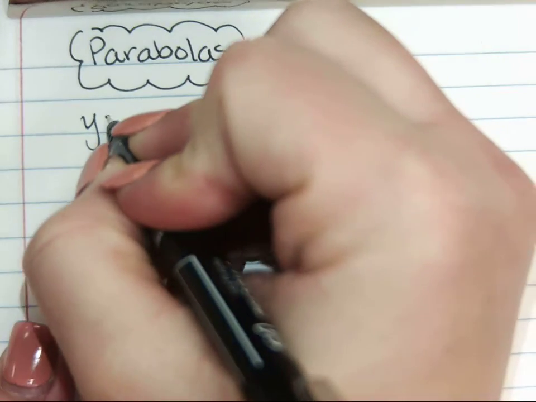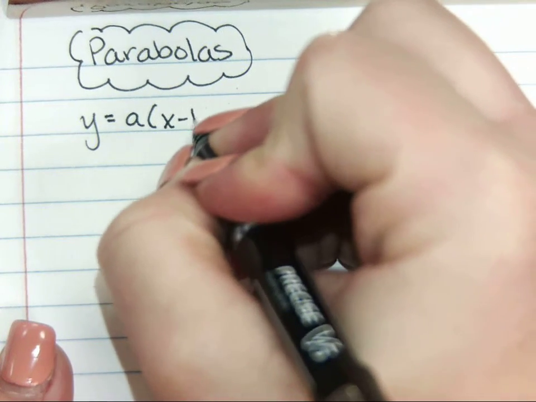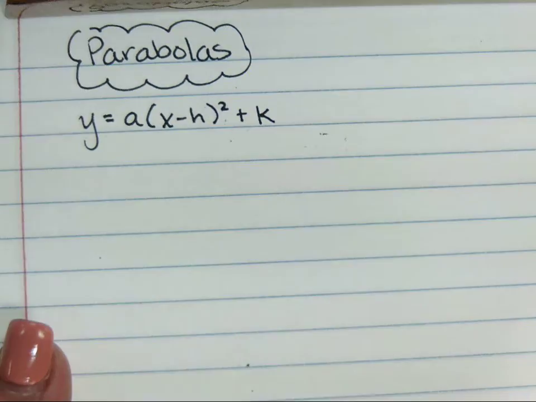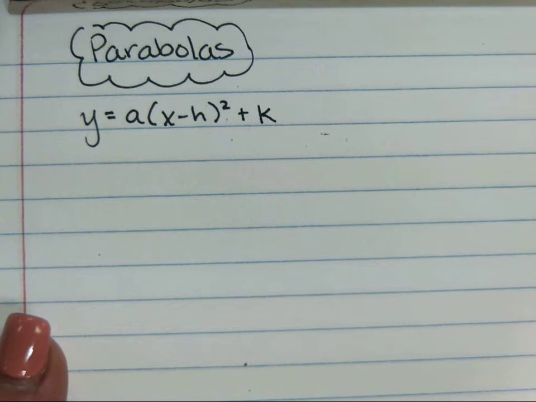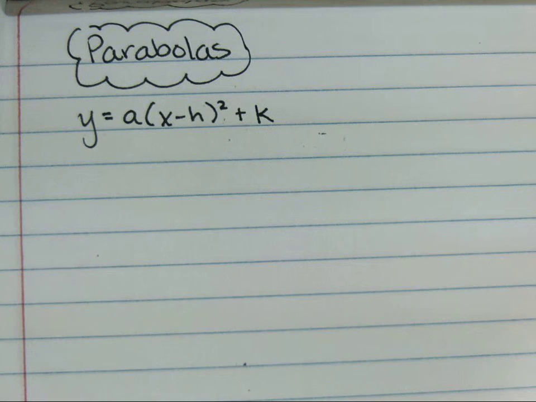So your generic equation looks like this. What you want to remember is that in all of our graphs that we've ever done, the A value just tells you if you are opening up the same way as the parent graph or if you have to reflect.